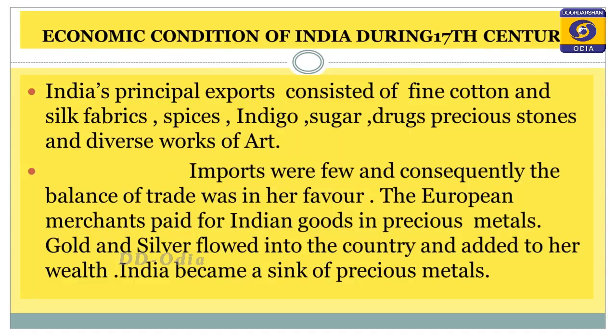Imports were few and consequently the balance of trade was in India's favor. The European merchants paid for Indian goods in precious metals; gold and silver flowed into the country and added to her wealth. India became a sink of precious metals.